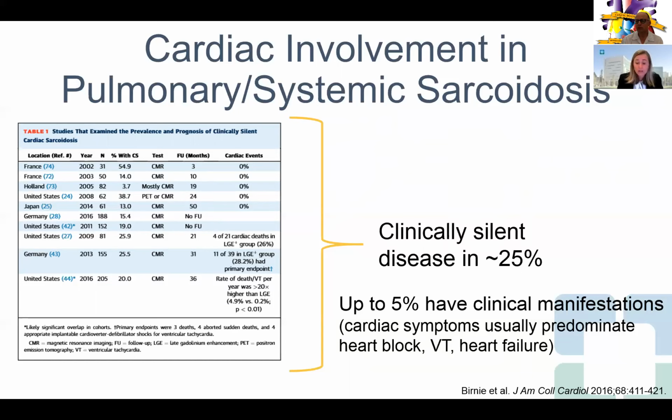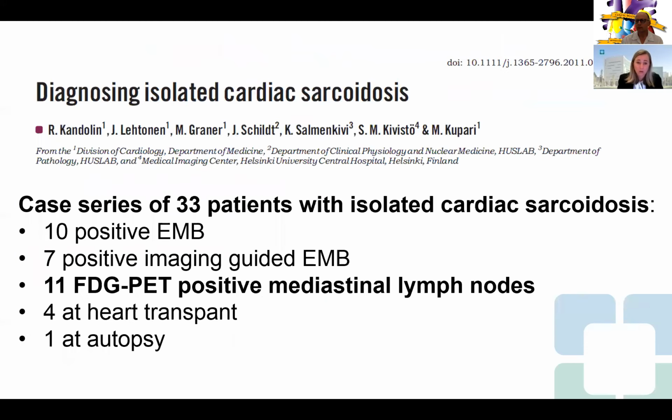In those settings, though, the manifestations are typically cardiac, with predominance of symptoms like heart block, ventricular tachycardia, and heart failure. So while this may be a major concern for patients with sarcoidosis and physicians looking after them, the actual numbers with symptomatic disease remain low.